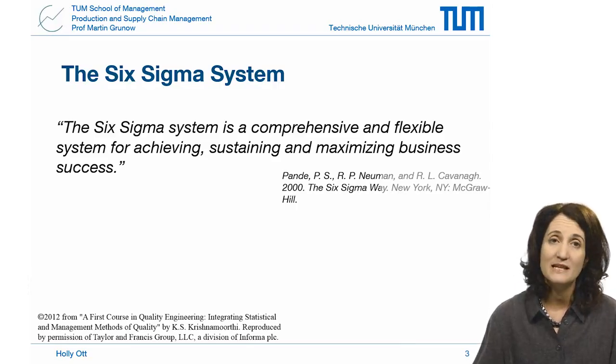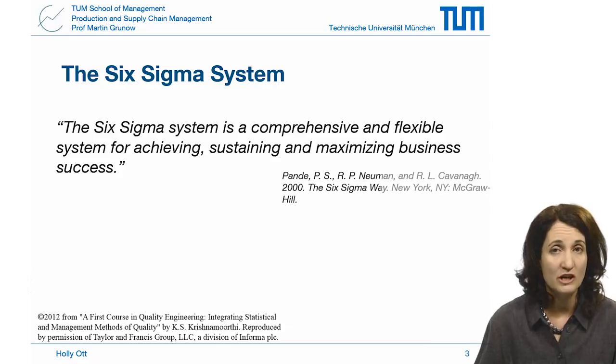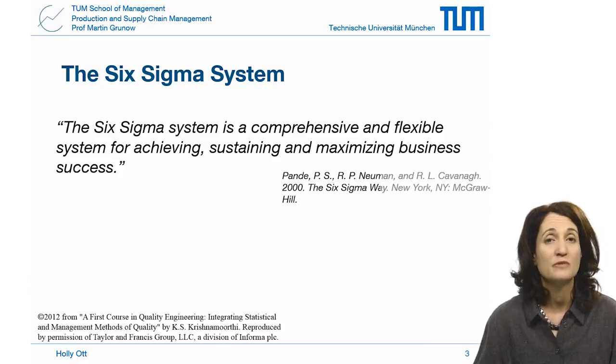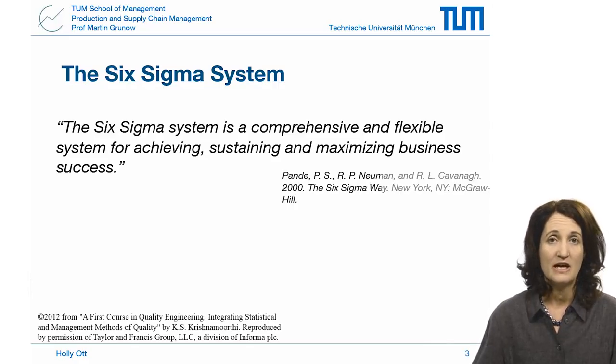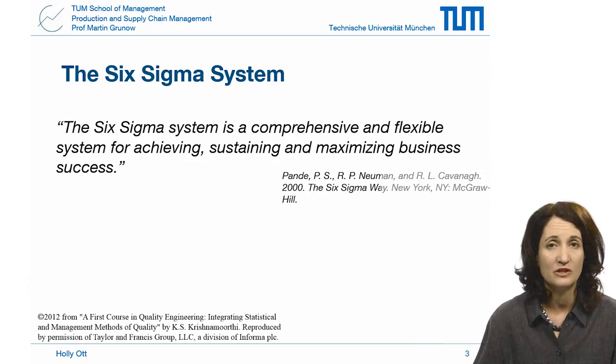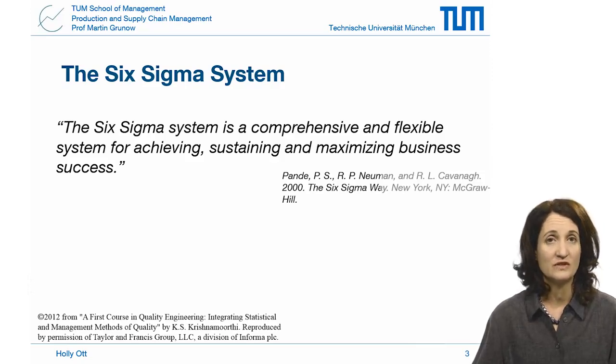And here by business excellence, we're talking about cost reduction, productivity improvement, growth of market share, customer retention, cycle time reduction, defect reduction, and a change to quality culture in new product and service development.